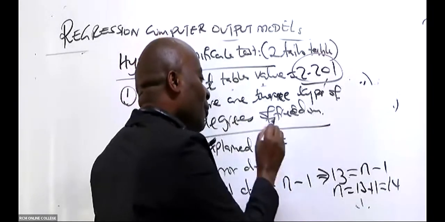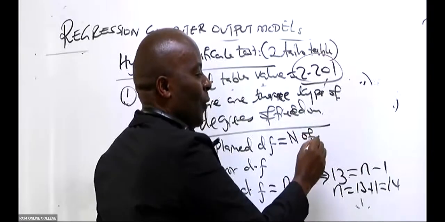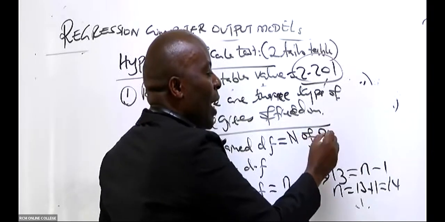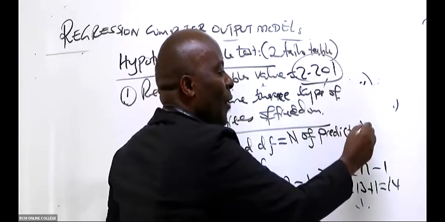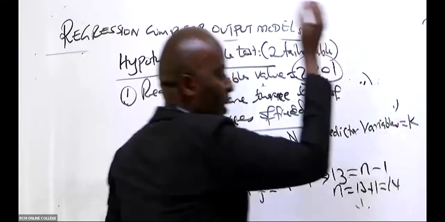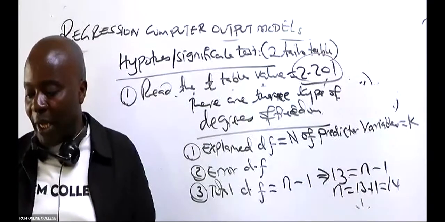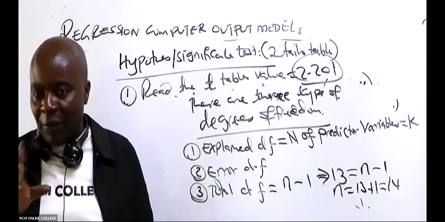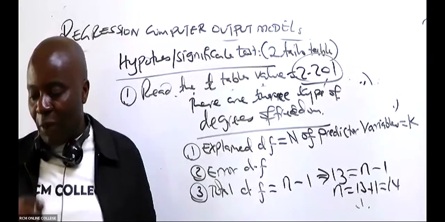Now, please listen to me very well. The explained variance will always be equal to number of predictor variables, which will be equal to k. Are you able to remember the number of predictor variables that we have in this question? How many predictor variables do we have in this question?